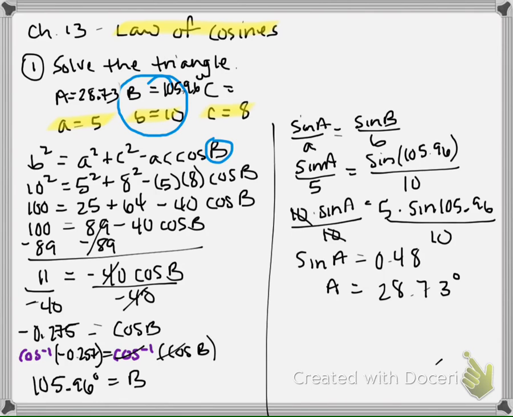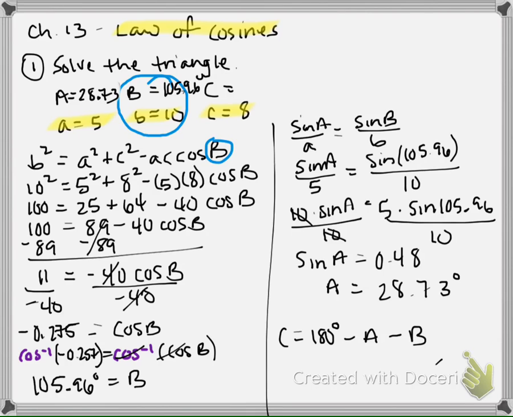Okay. Now the last thing I need to do is I need to find angle C. Well, that's not hard because angle C is just going to be 180 minus whatever angle A was, minus whatever angle B was.